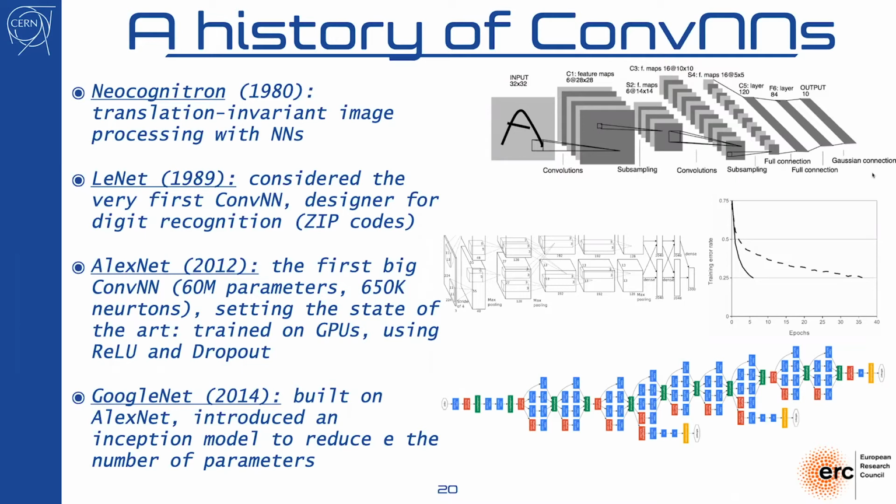His task at the time was to basically have an algorithm that could automatically recognize zip codes for the postal service. So he had a data set, which is now called the MNIST data set. That is a data set of digits, where at the time, I think it was 32 by 32 pixel images of handwritten digits.